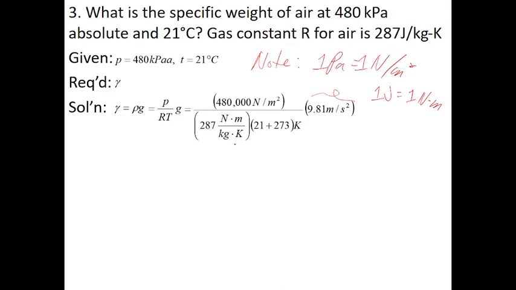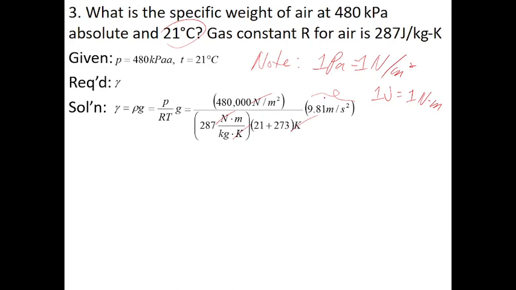And then I have here the absolute temperature: 21 degrees Celsius, adding 273, we get it in terms of Kelvin, so that it becomes an absolute temperature. We add 273 to 21 degrees Celsius. So, cancel.